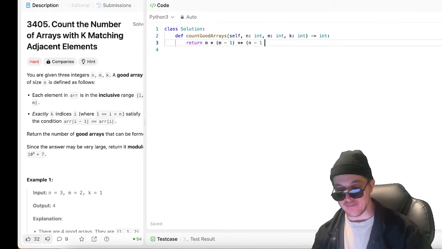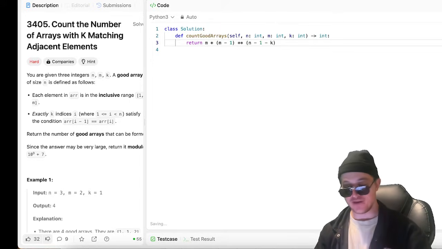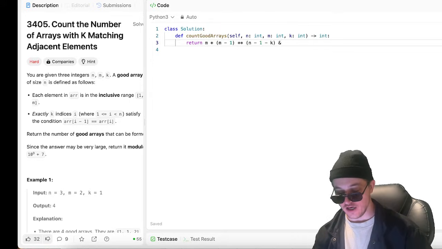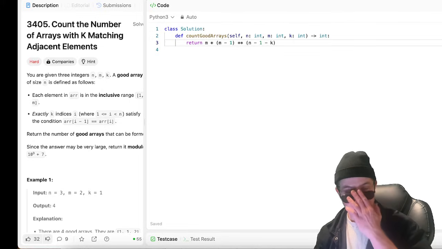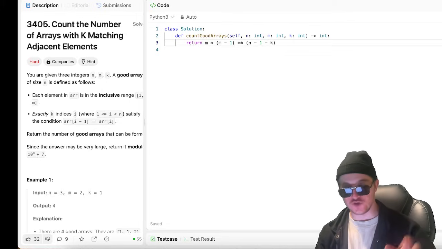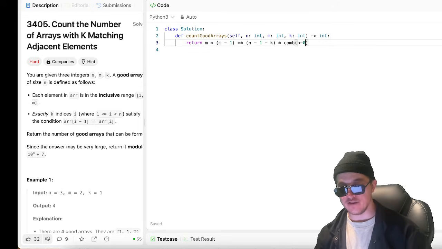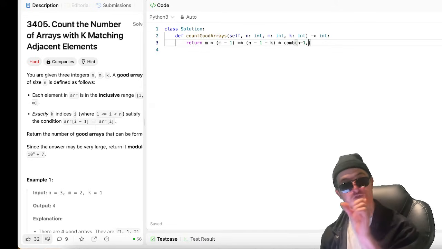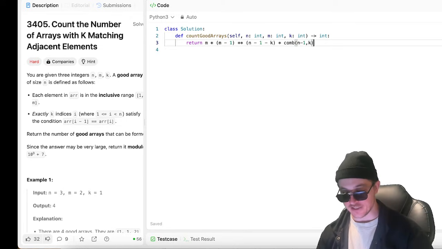Well, we have n minus 1 minus those k elements that'll end up being 1. And how many ways can we do that? Well, that's dependent on the way that we distribute those k's. And how many ways can we distribute those k's? Well, it's a combination: there's n minus 1 adjacencies where we select those k elements.